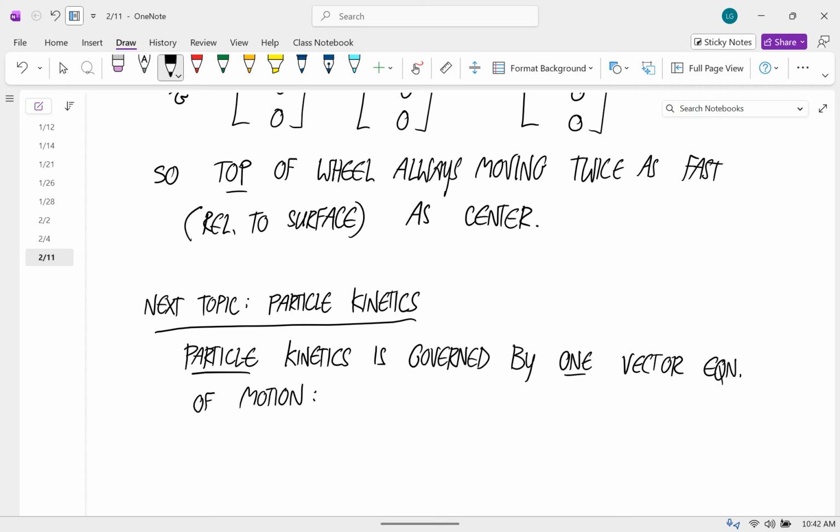And that is Newton's second law. And when I talk about Newton's second law, I'm going to abbreviate it N2L, Newton's second law.